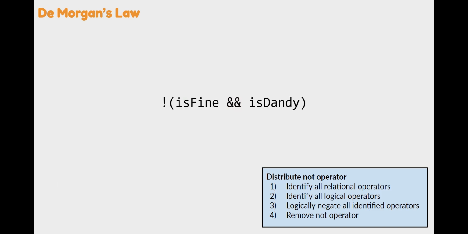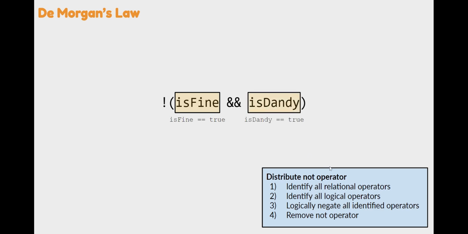Here is our next example. The first thing that we need to do is identify all relational operators. Our first relational operator is here with is fine. Remember, when we just say is fine in a Boolean expression, that is hiding the relational operator of equal to. We are really saying is fine equal to true. Our next relational operator is over here with is dandy.